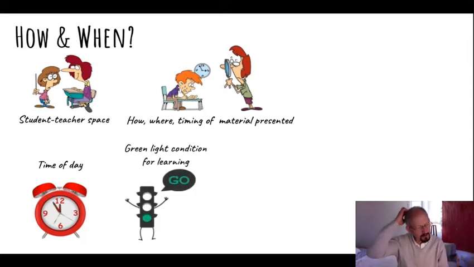Another thing that I like to discuss with teachers, people in related services, speech therapists, occupational therapists, physical therapists, clinicians, is that when something is being taught, especially new material, it's important that the child gives the educator information back that tells you that they're ready, or what I like to call the green light condition, right?